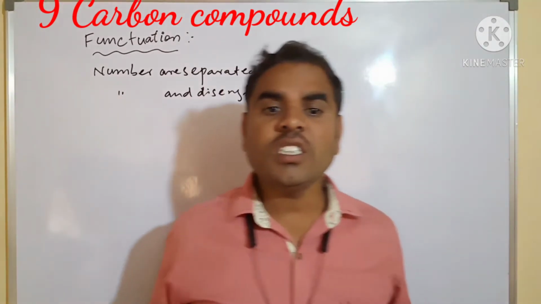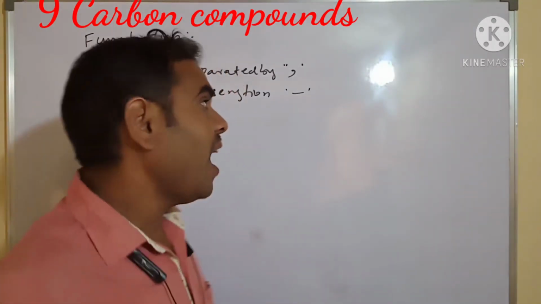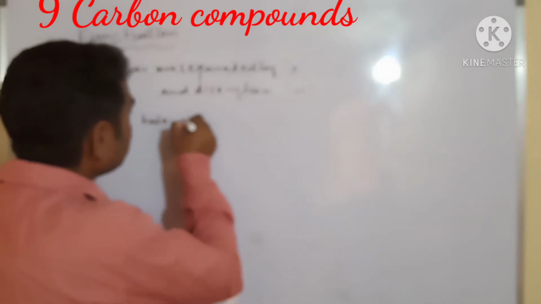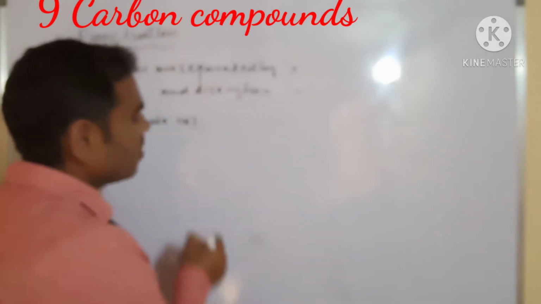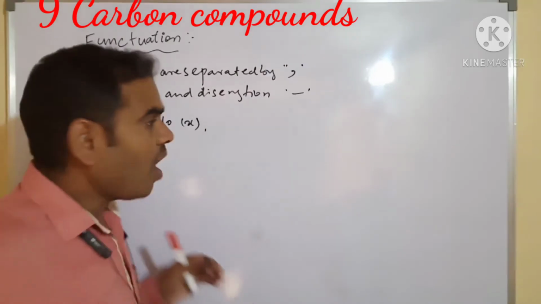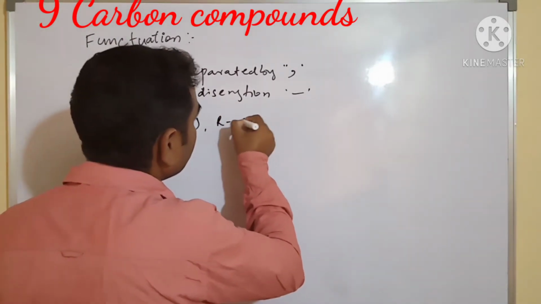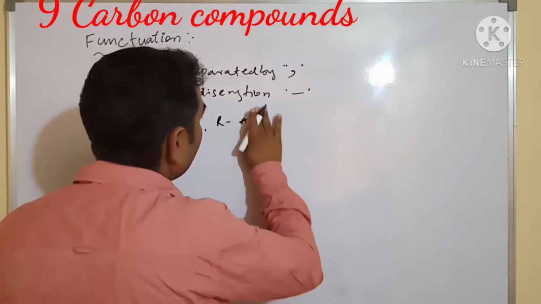Next, substituents like halogens, halo, we are writing the X. Next, we have to see alkyl.